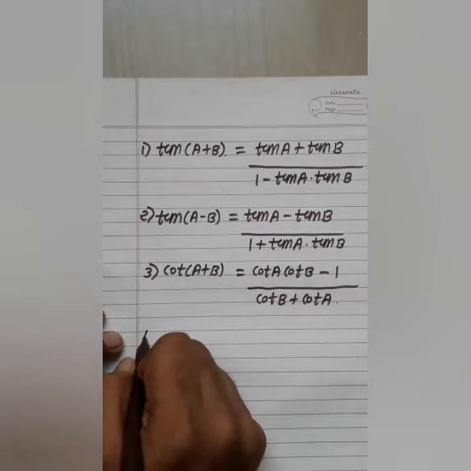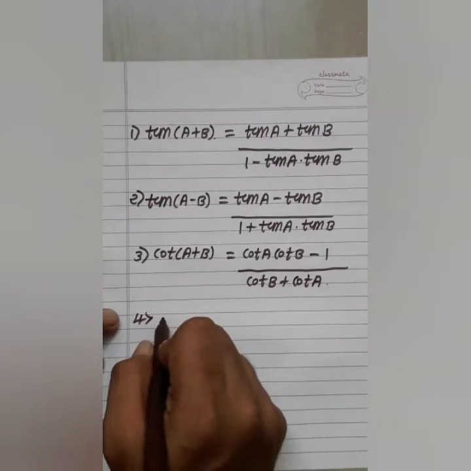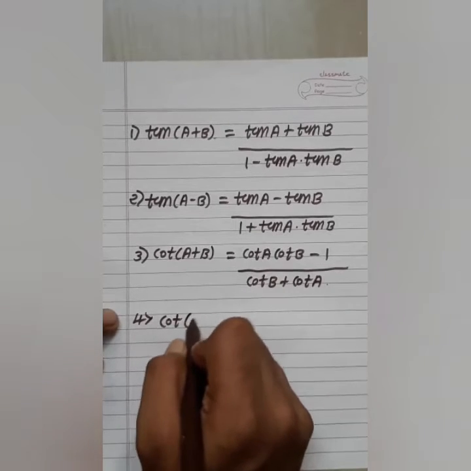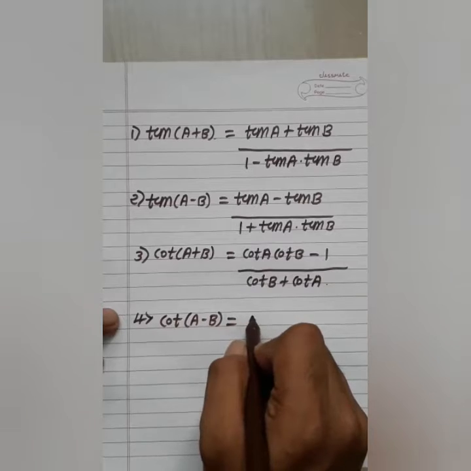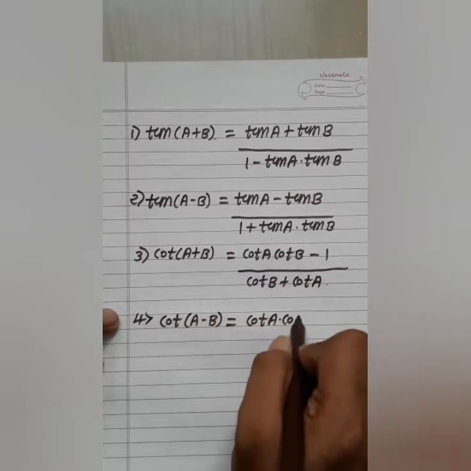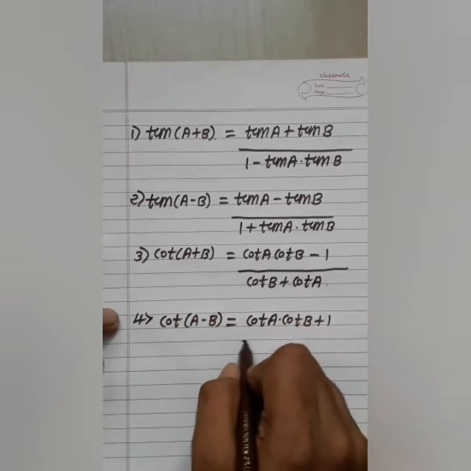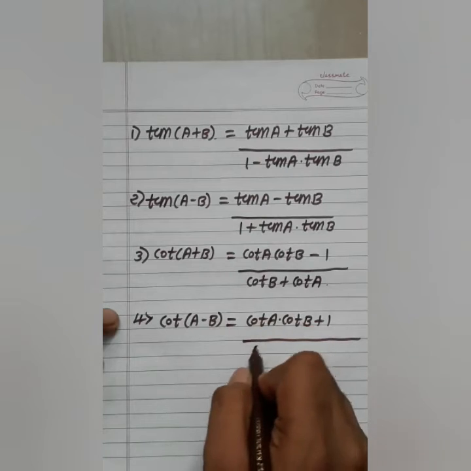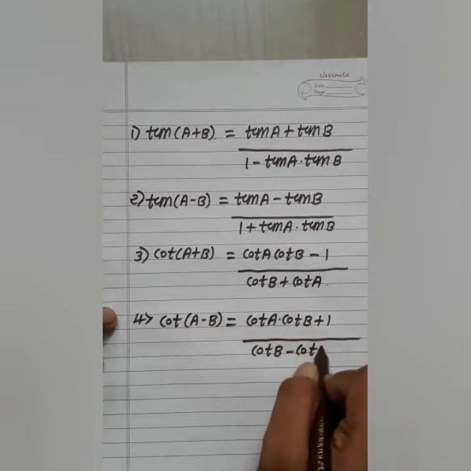And the fourth formula, with a minus sign in place of plus: cot(A-B) is equal to (cot A cot B plus 1) upon (cot B minus cot A).